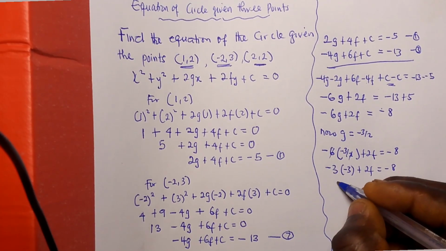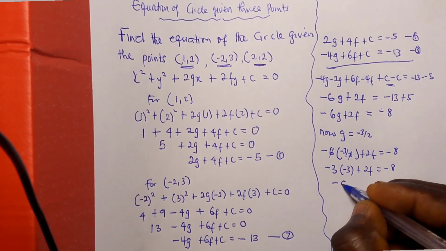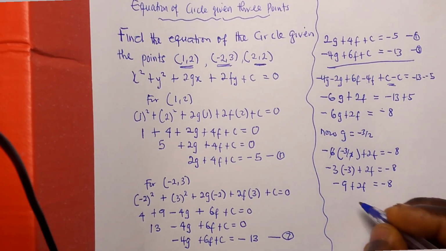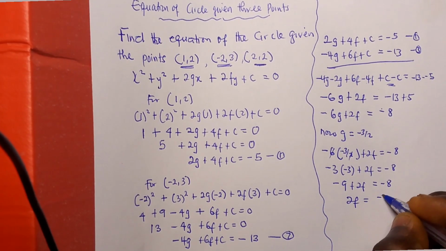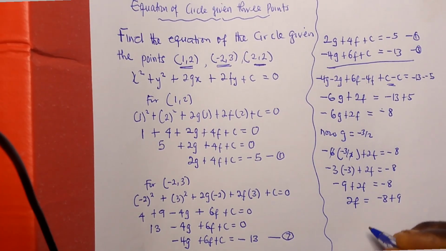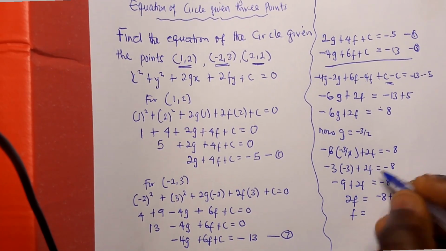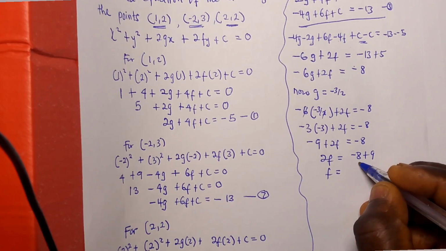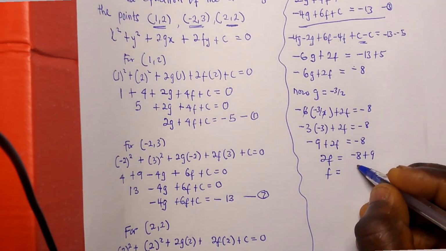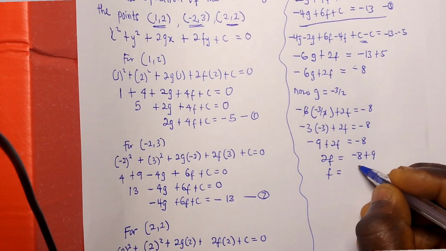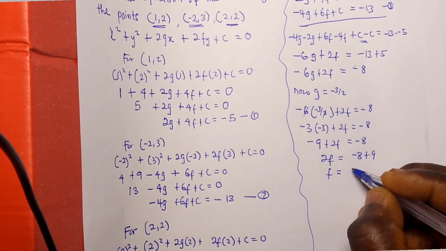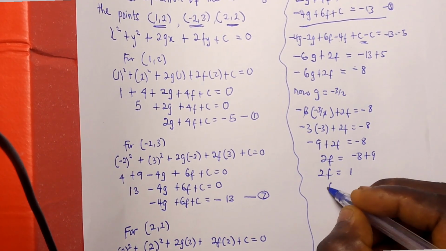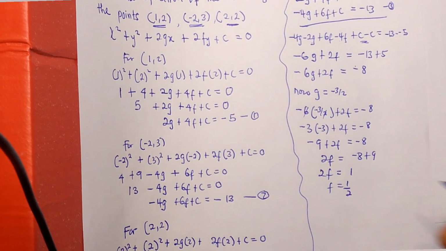So 3 times 3 is 9 plus 2f is equal to minus 8. So 2f is equal to minus 8 plus 9. So our f, 2f is 1, and f is equal to 1 over 2.